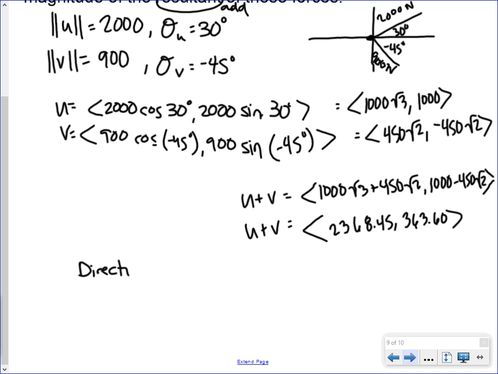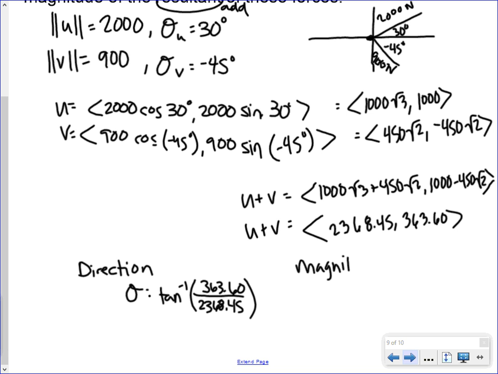So direction, theta will equal the inverse tangent of 363.60 divided by 2,368.45. And magnitude, I'll do magnitude of u plus v is equal to the square root of the sum of the squares.